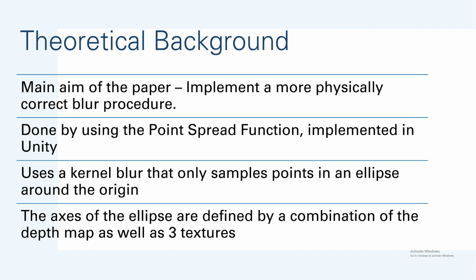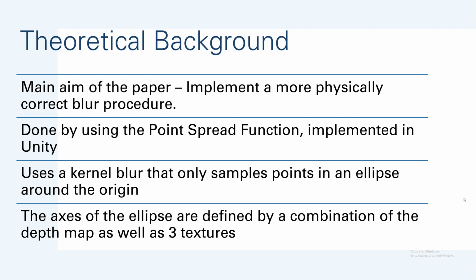We have a set of textures that define the major axis, the minor axis, and the rotational axis of the ellipse, and we put that in a kernel, and if a point is inside it, it's summed up. Otherwise it's not, and then we divide the results by the amount of points included.